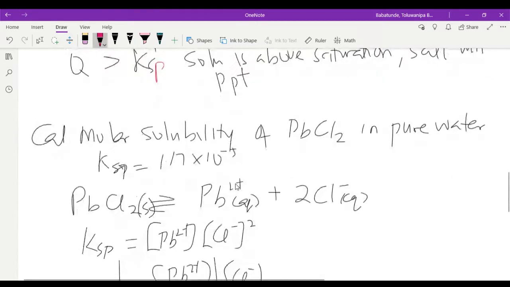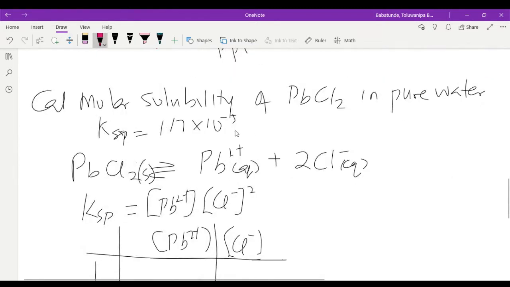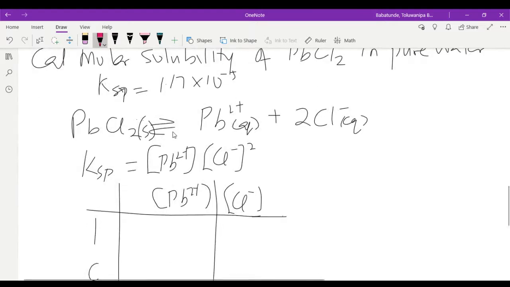So let's take an example. Calculate the molar solubility of lead(II) chloride in pure water. The Ksp is given to us as 1.17 times 10 to the negative 5. As usual, we can write that lead(II) chloride solid dissociates into lead(II) ion, aqueous, and 2 chloride ions.